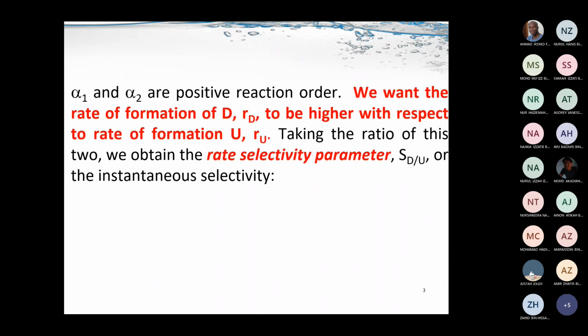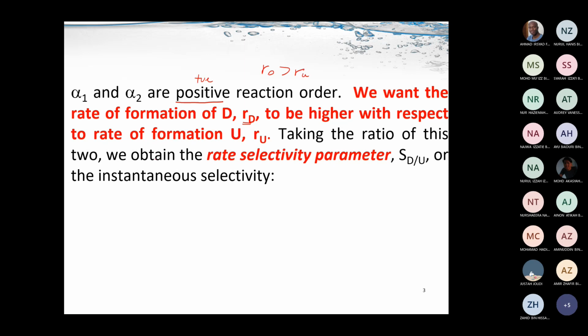Alpha 1 and alpha 2 are positive reaction orders, so make sure they are positive. We want the rate of formation of D, which is RD, to be higher with respect to the rate of formation of U. RD must be higher than RU.